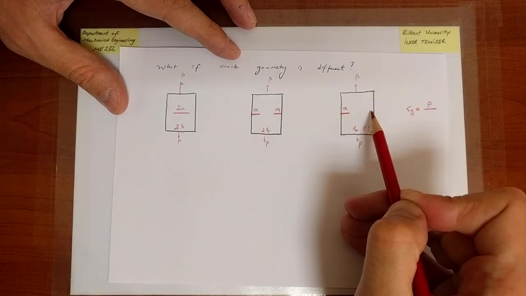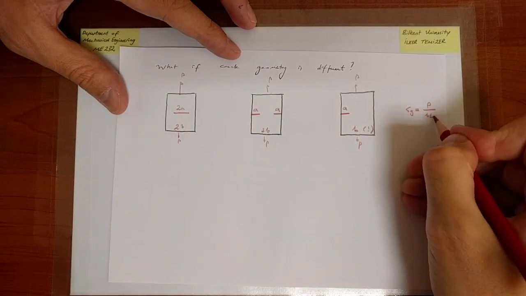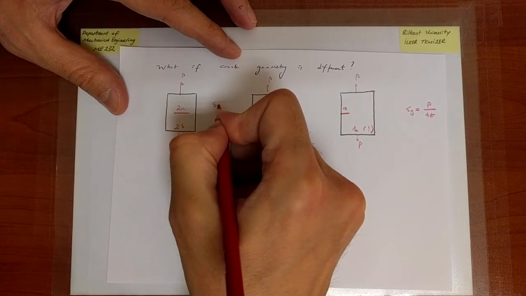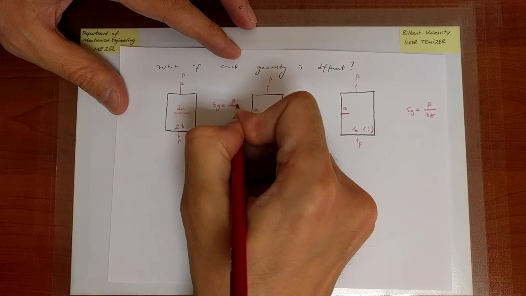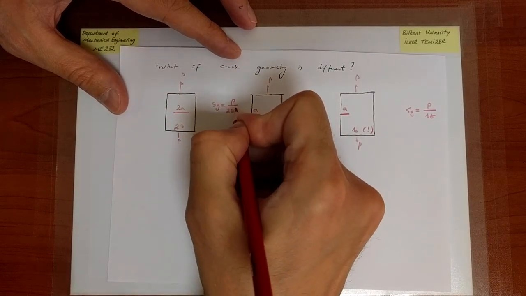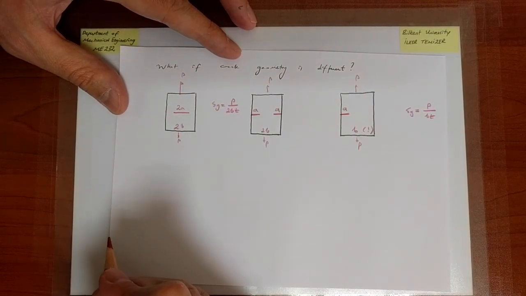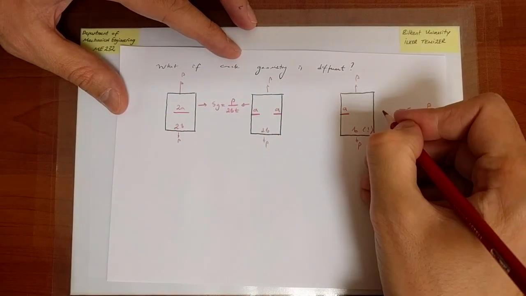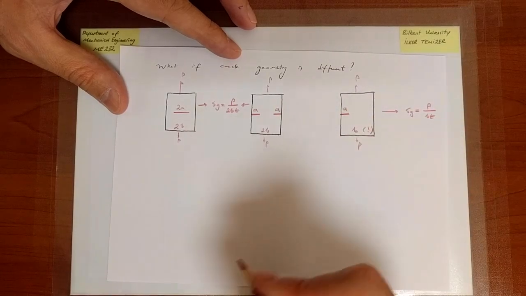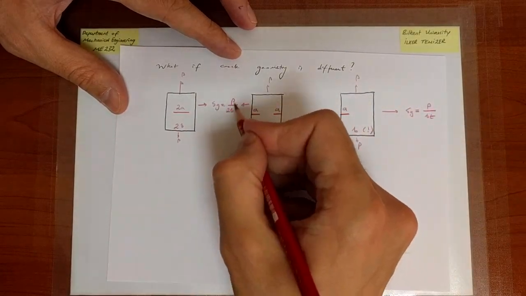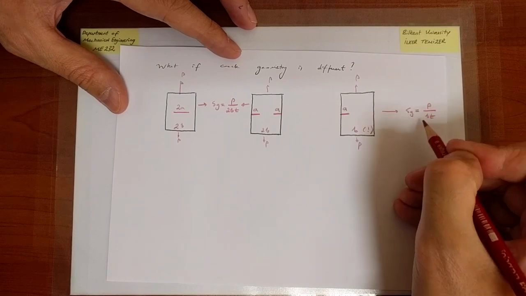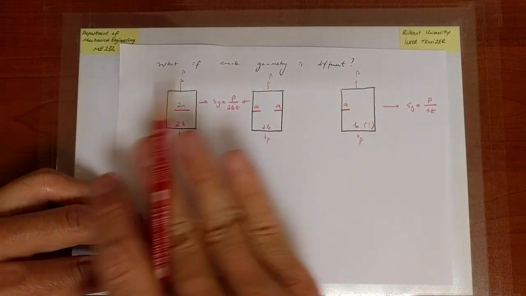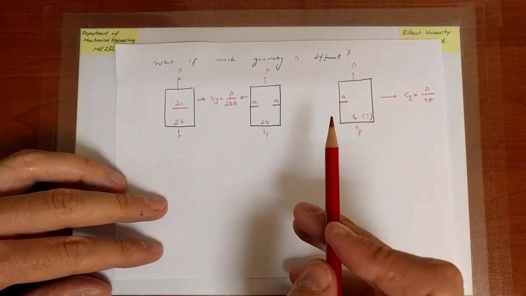Now, in this case, that area is B times T. Whereas in these two cases, SG is equal to P over 2B times the thickness. Okay, so here the definition of SG is the same as before. Here the definition is the same, and the way it appears is only slightly different, through a factor of 2. But the definition, verbally, is always the same.